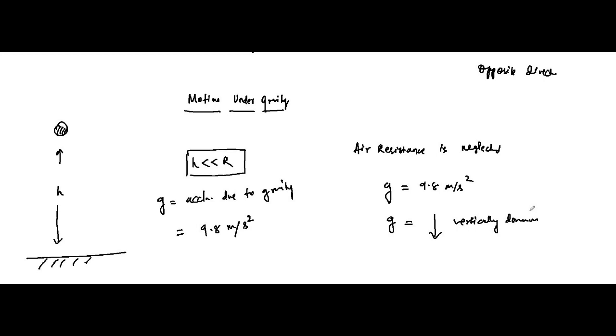Let us say there are two cases. In the first case, an object at a certain height h from the surface of the earth is dropped with a certain initial velocity u.